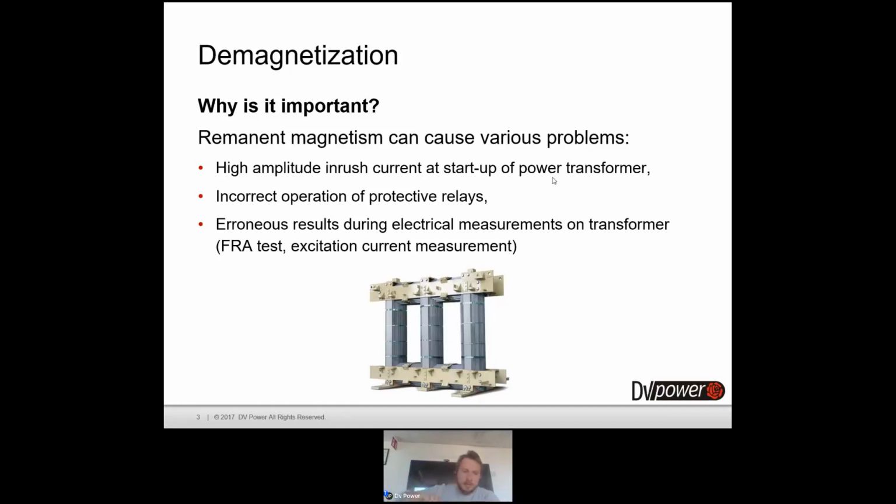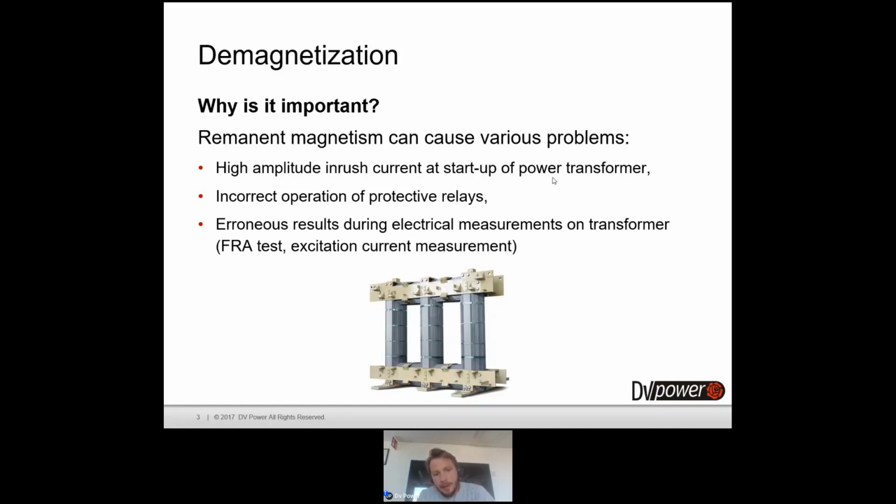Let's say it's a 50 hertz or 60 hertz current, and they will just skip a few periods and then continue. In that case, they skip the issue with the high amplitude of inrush current. Those relays are usually set to skip 2 or 3 cycles, but in the field we have experienced that inrush current can last even longer than 2 or 3 periods.